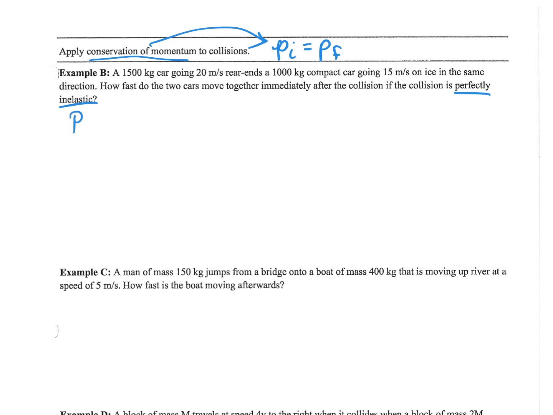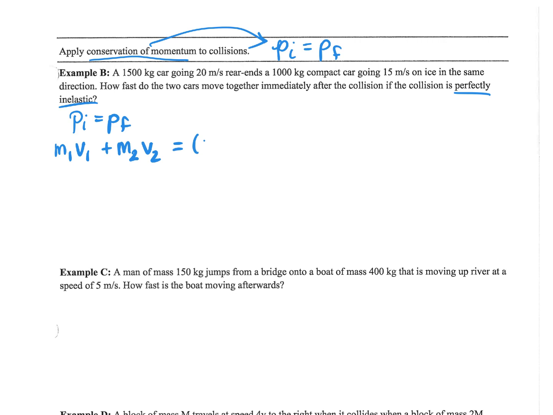So what we have to do is think about this. The first statement you should always start with when solving these problems is P initial equals P final. Okay? So in the beginning, what do we have? And remember, you have to pay attention to signs here for the velocity because velocity is a vector. We have mass 1 times velocity 1 plus mass 2 times velocity 2 initial equals, what do we know about the two masses in the end?